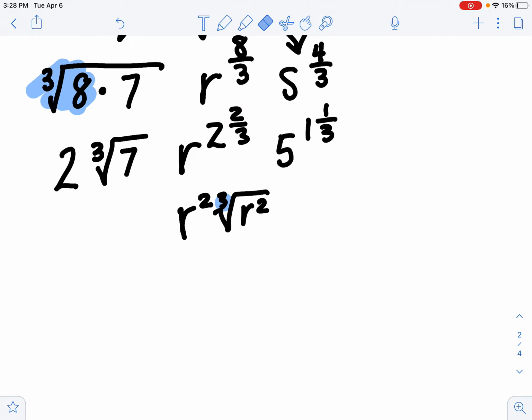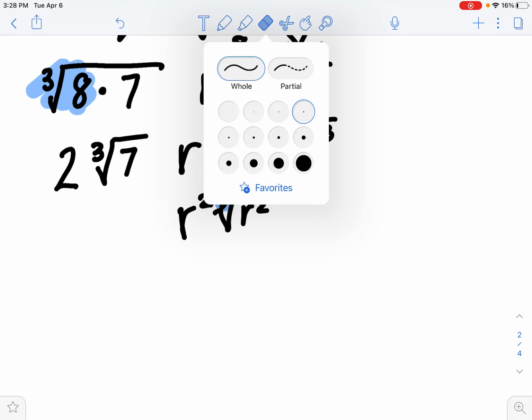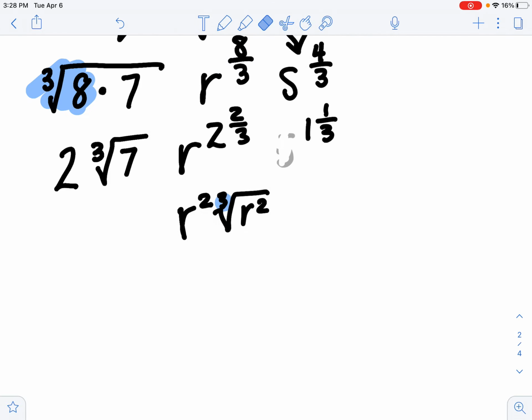Oh gosh. So s to the 1st, and then cubed root of s to the 1st, because here's where these things go. All right, and then the big number, the whole number part, is always what gets out of the radical. Okay?